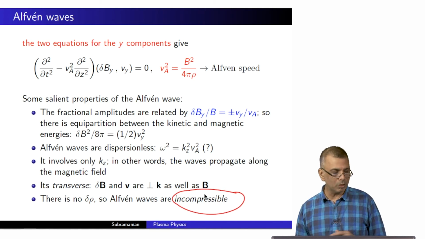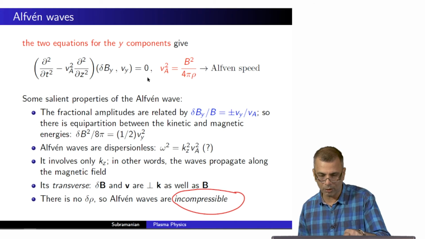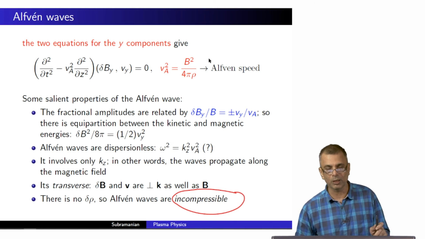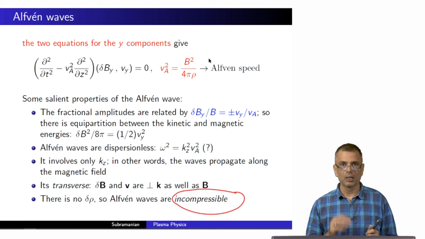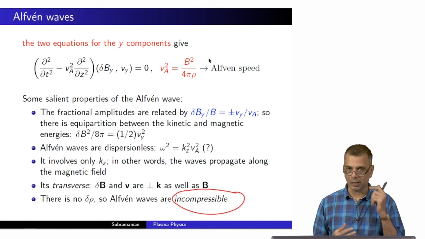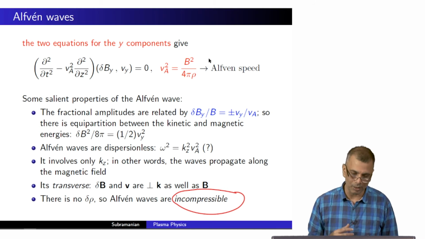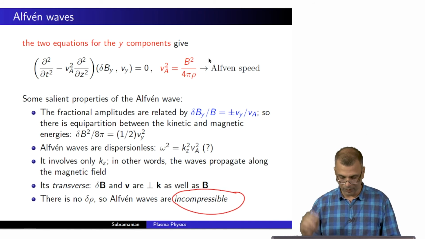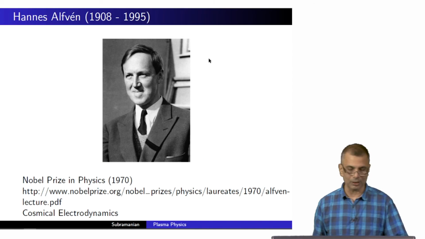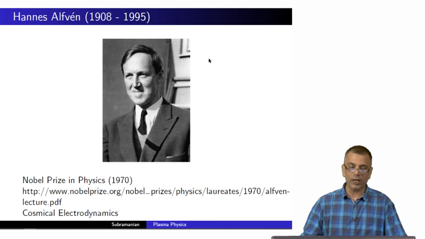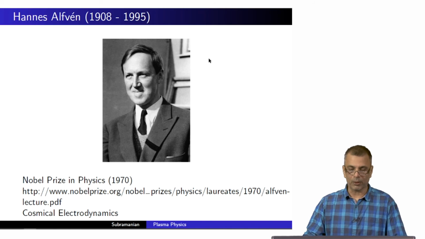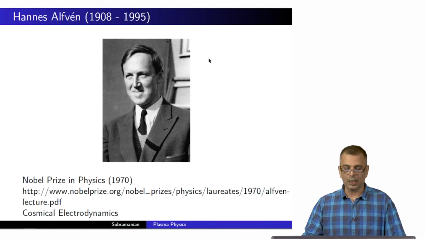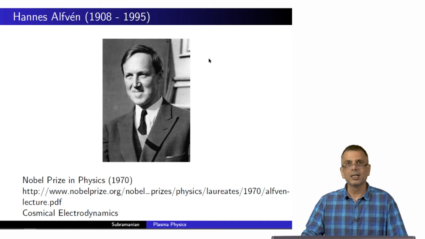So although the expressions for the Alfvén speed and the sound speed look similar, there are several points of difference between them, and these are important to note. Right, so let's go ahead. This is a picture of Hans Alfvén. He won the Nobel Prize in Physics in 1970 for many things.